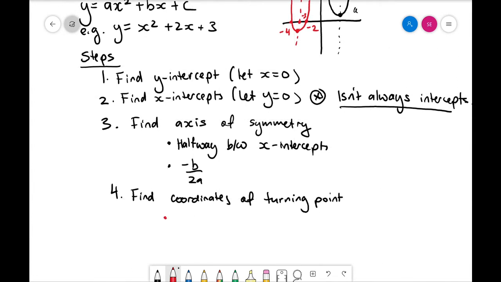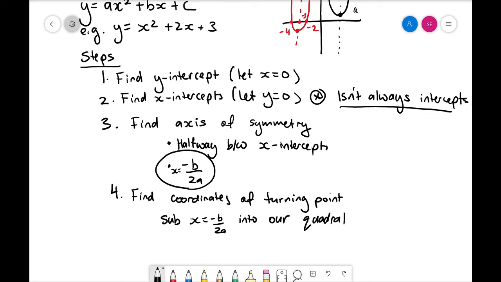Now how we do that is we sub the axis of symmetry, so this x value, into our quadratic, and you'll get a y value. And then you just combine the x value and the y value, and you'll get some coordinates. And that's the point. So that's a lot of info. Let's just do a question then.